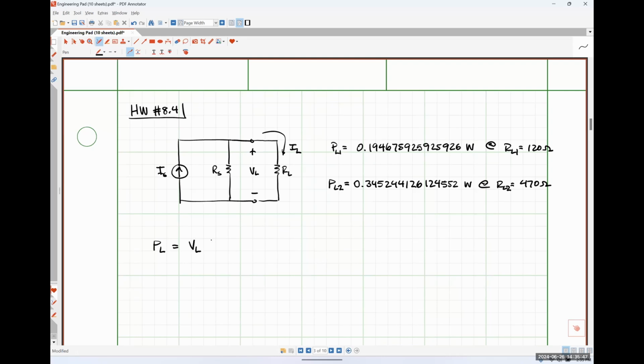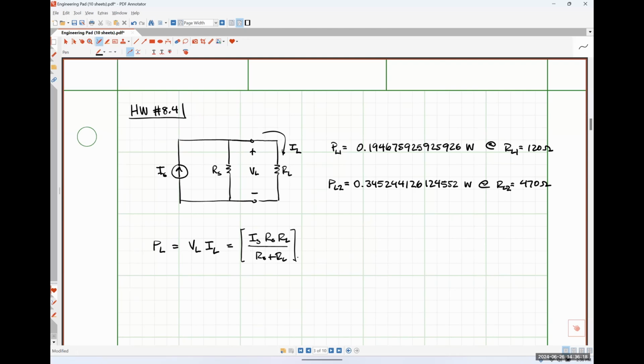So I'm just going to write here VL times IL. We can find VL by using Ohm's law. So that's going to be IS times RS times RL over RS plus RL, where RS times RL over RS plus RL is nothing more than those two resistors in parallel.